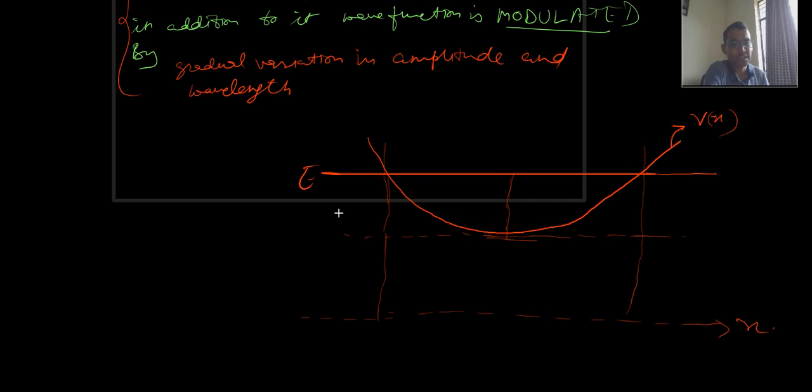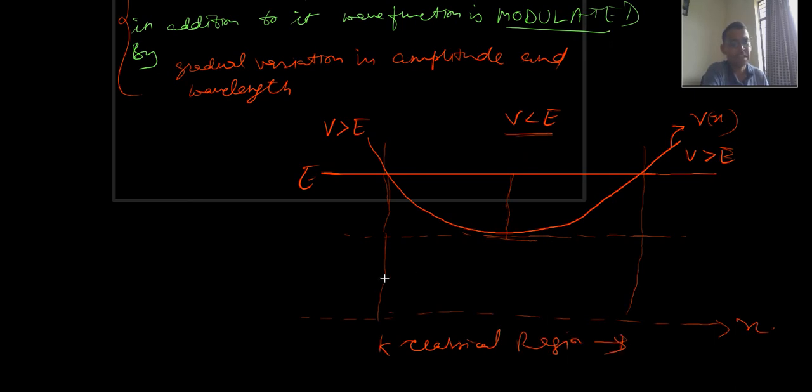One region is here, where potential is greater than E, and here also potential is greater than E, and in the middle region potential is less than E. So this is the first case about which I am talking, and this is also known as the classical region. And these are the turning points.